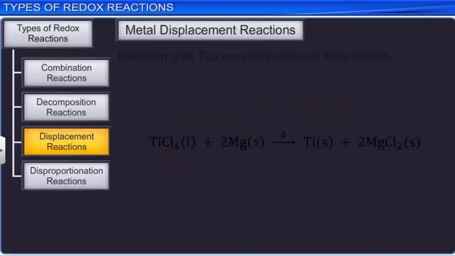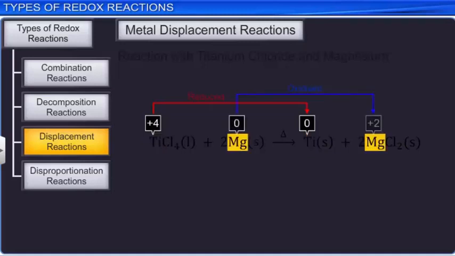In this reaction, titanium tetrachloride and magnesium react to form titanium and magnesium chloride. As you can see, magnesium has replaced titanium to form magnesium chloride. The oxidation number of titanium has changed from +4 to 0, and magnesium from 0 to +2 oxidation state.